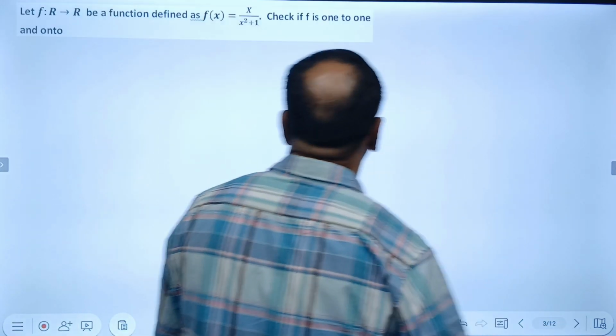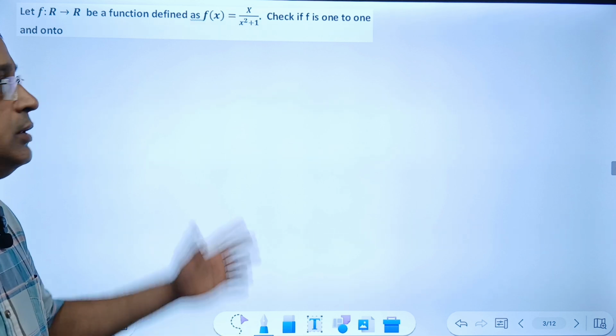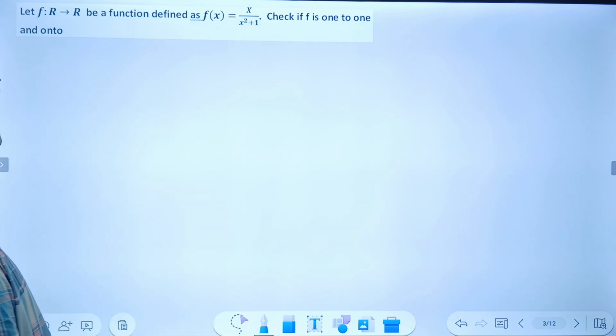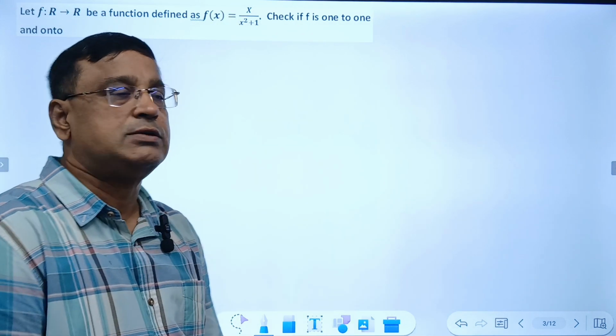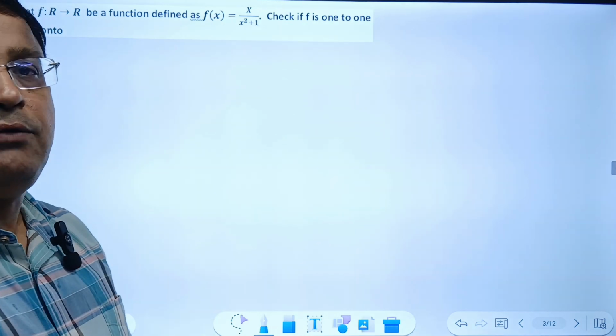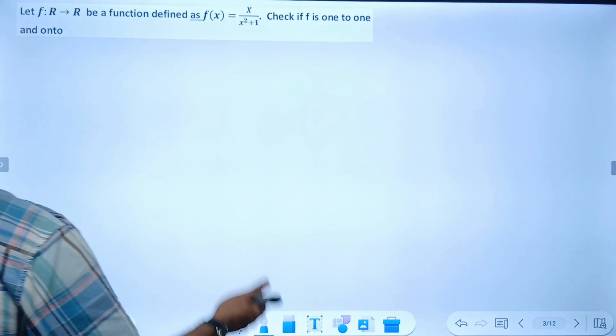Let's go to the question. First question. This is a very, very important question, so we'll try to do this problem. f is a function from R to R defined by f of x is equal to x by x square plus 1. Check if f is one-to-one and onto. Now how do I check one-to-one?